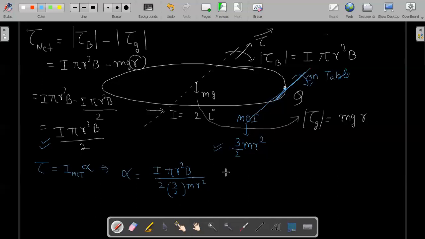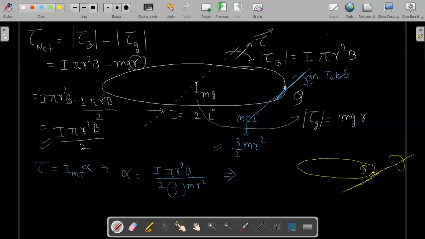After getting alpha, we will focus on the forces which are present on this ring. So again, a separate diagram. This ring is now rotating about this point Q, about an axis which is the tangent of this ring, like so.